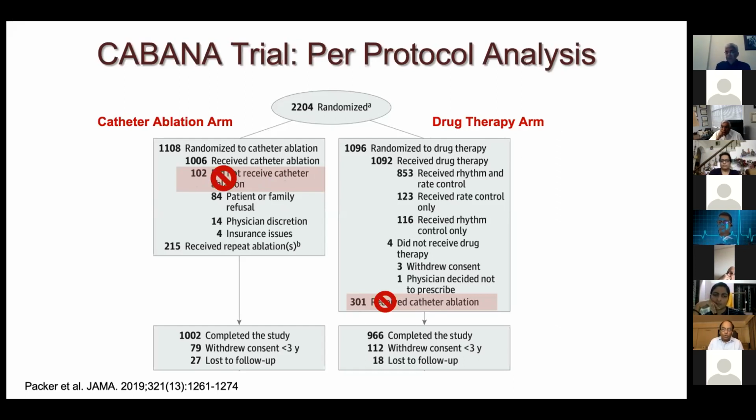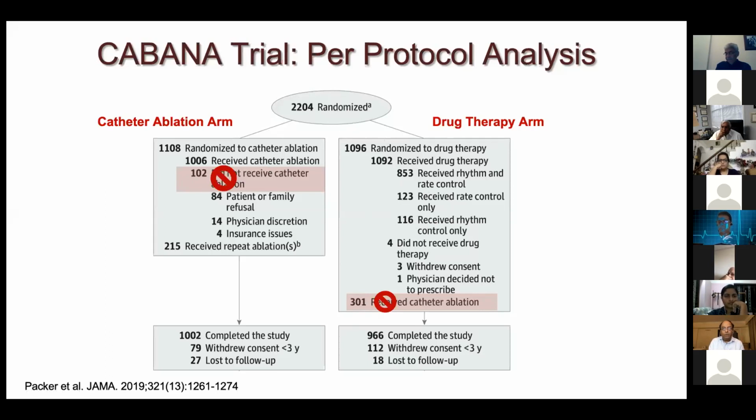So this also became a problem subsequently for interpretation, because if you censor so many patients, like for example, 100 patients withdrew consent, and 300 patients, so about 400 patients or 40% patients were not analyzed properly among the drug therapy arm. And also in this arm, about 200 patients were not analyzed, so they were censored.